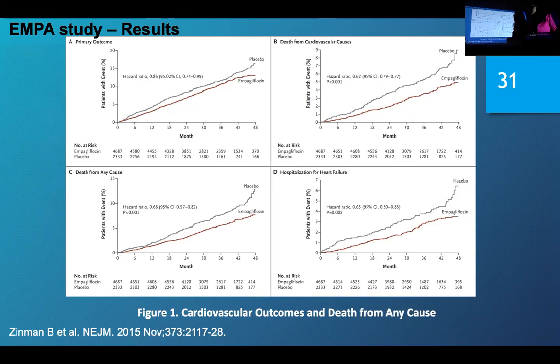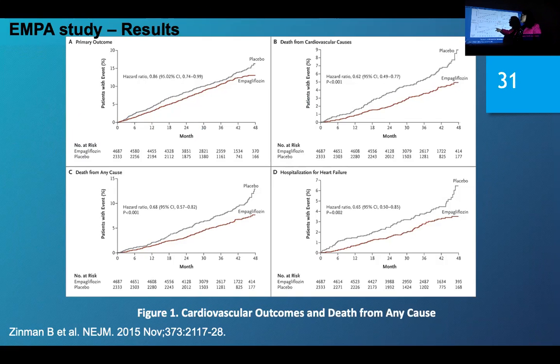Let's look at panel B, deaths from the cardiovascular cause. Empagliflozin significantly lowered the deaths from cardiovascular cause compared to the placebo, and it was statistically significant as well. What about deaths from any cause in panel C?